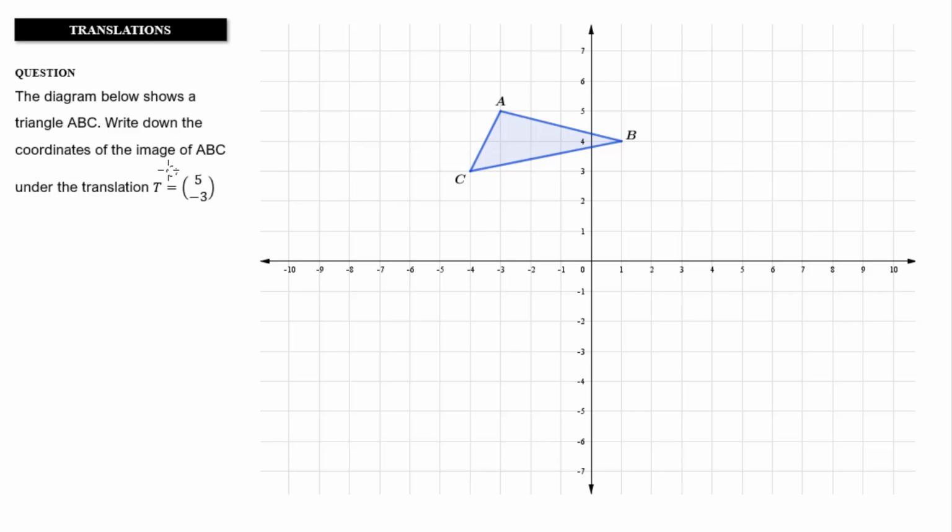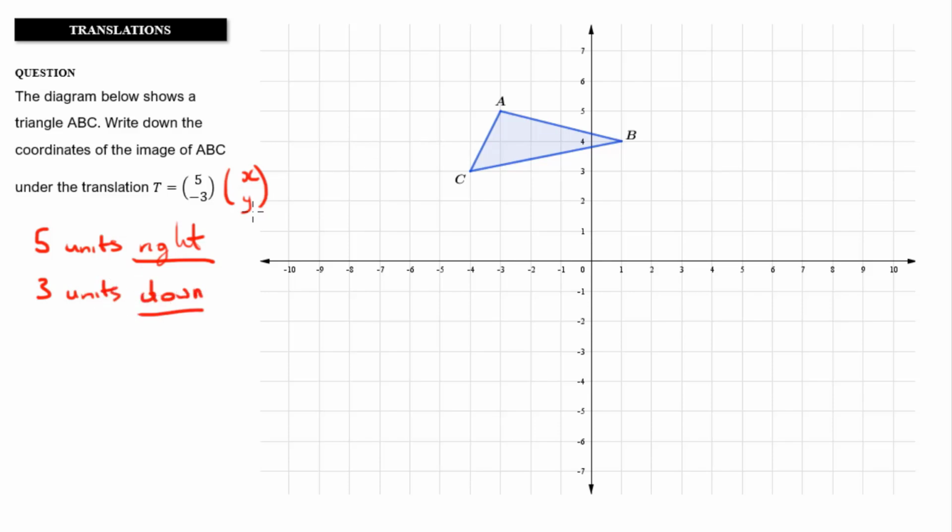So the first thing that we need to do is to figure out what this means. Remember that all translation vectors are written in the form (x, y). So since it's a +5 in the x entry, it would be 5 units to the right, because positive is to the right, and -3 in the y direction means 3 units down.